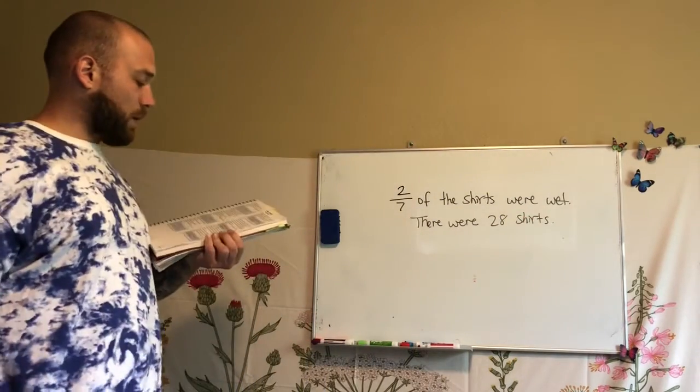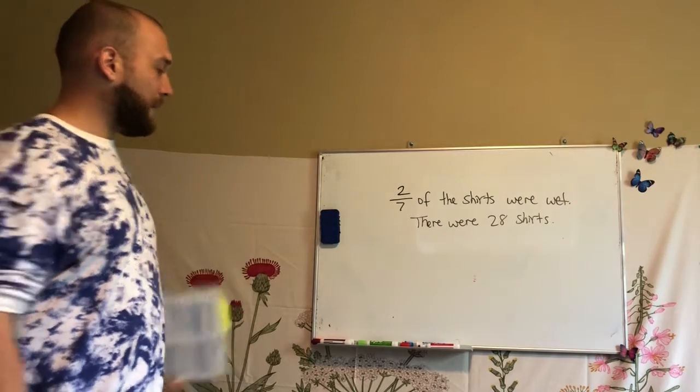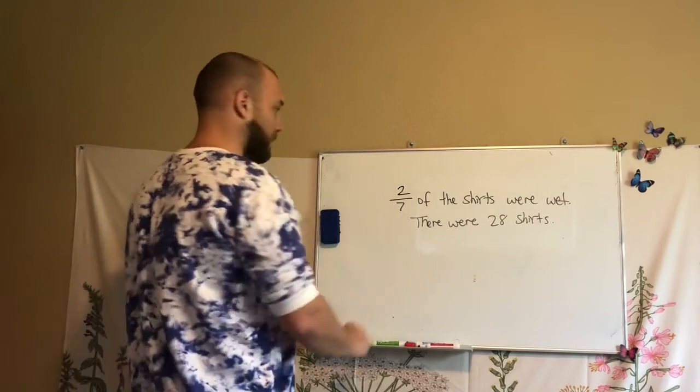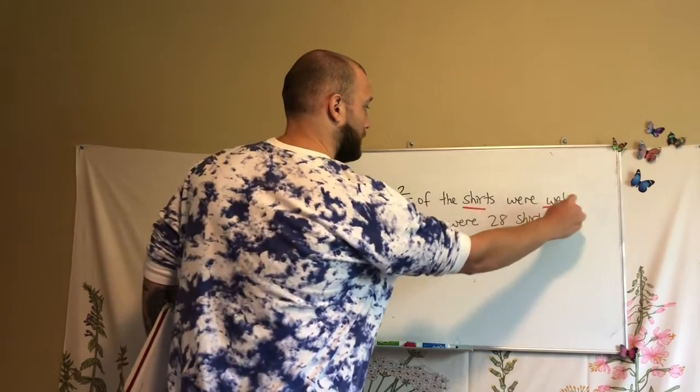Two-sevenths of the shirts were wet. There were 28 shirts. So, how many names does it give us here? It only gives us 2 names on this one. Shirts and wet.